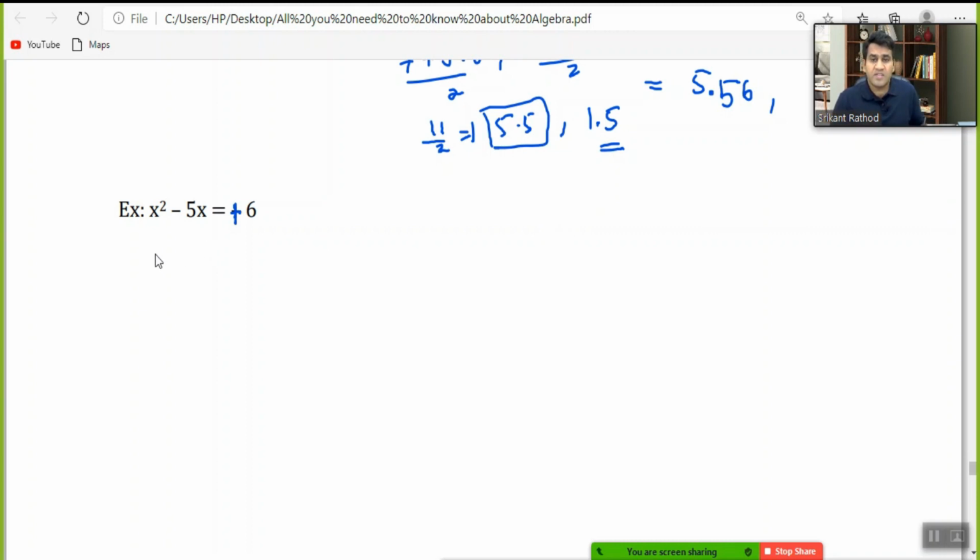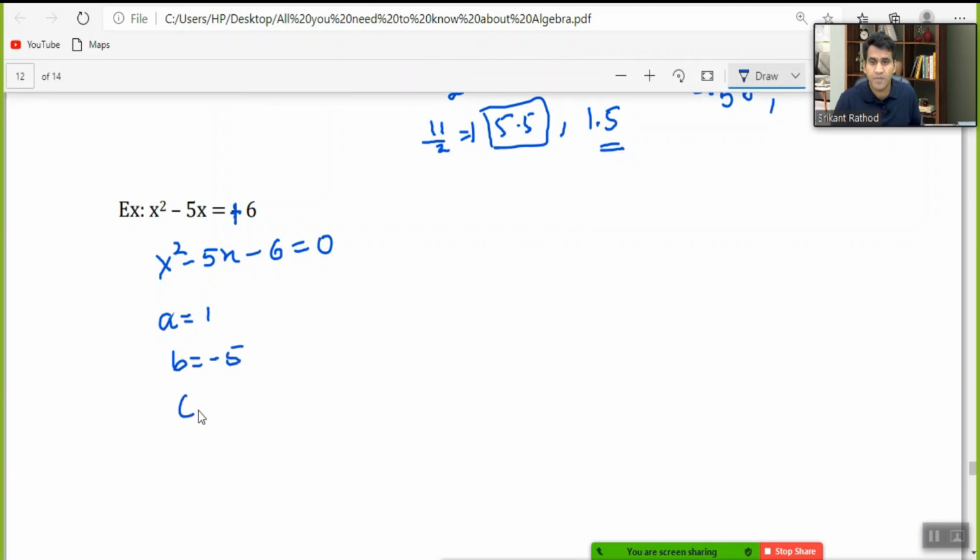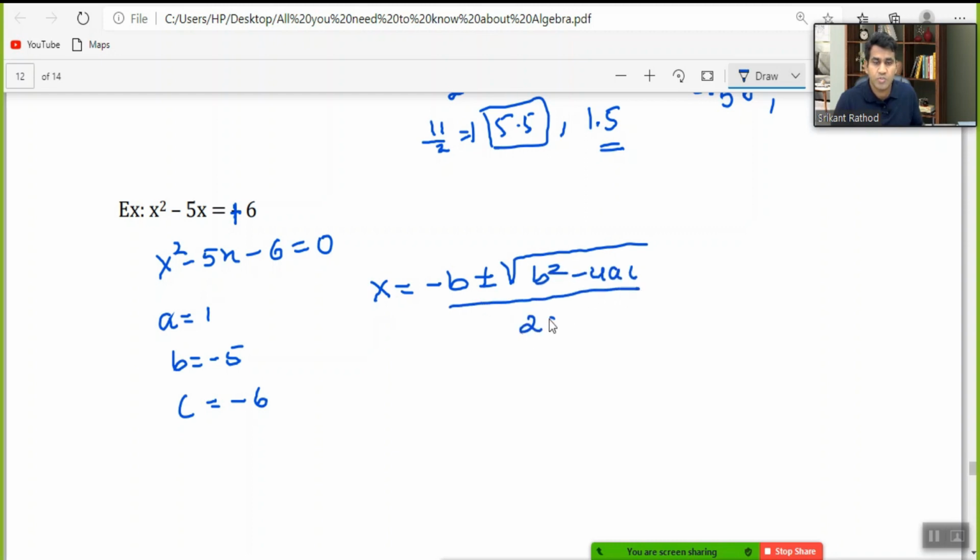Let me write it in the standard form now. x square minus 5x minus 6 equals 0. So the value of a here is going to be 1, b is going to be minus 5, and c is going to be minus 6. So we have the formula x equals minus b plus or minus square root of b square minus 4ac, all divided by 2 times a.